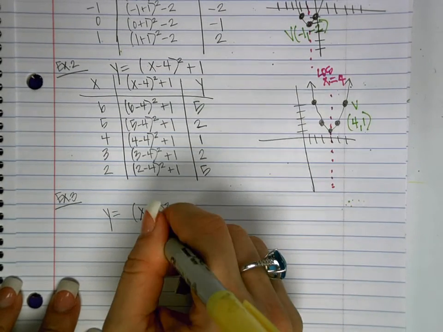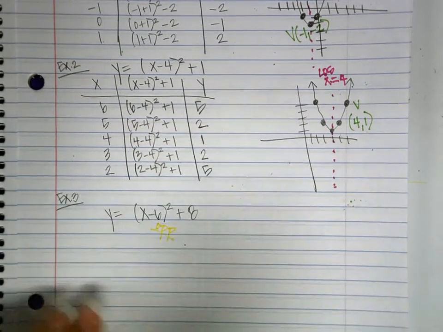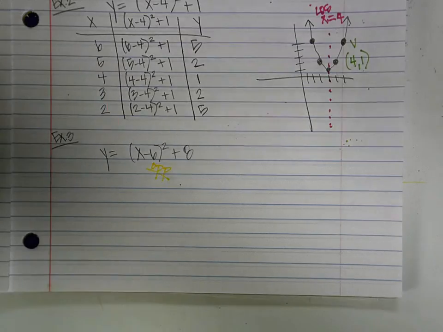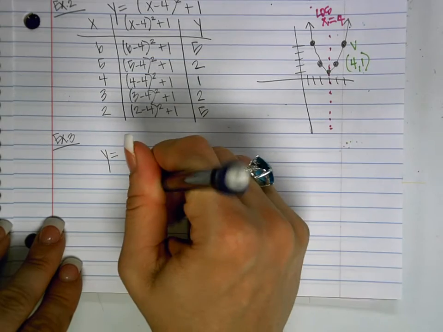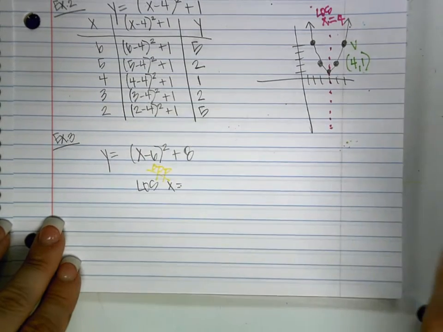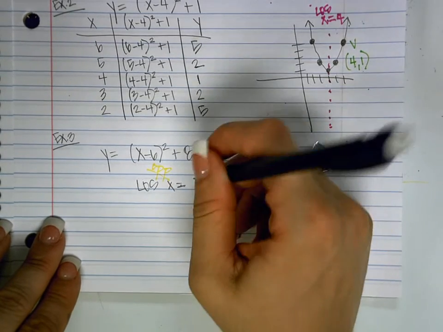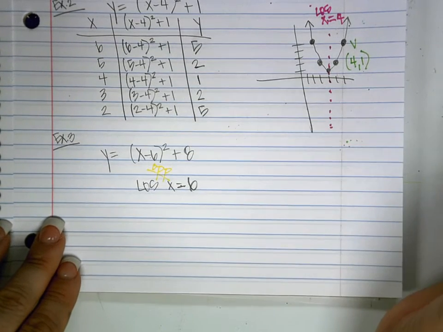Or, I'm sorry, it is the opposite of whatever that sign is. So here, the line of symmetry is x equals the opposite sign of what's inside there. So the line of symmetry would be x equals positive 6.